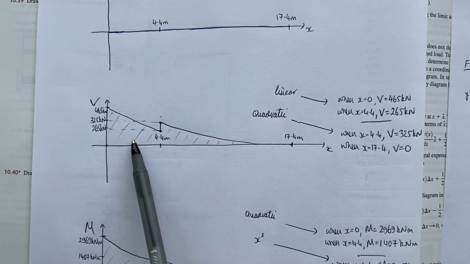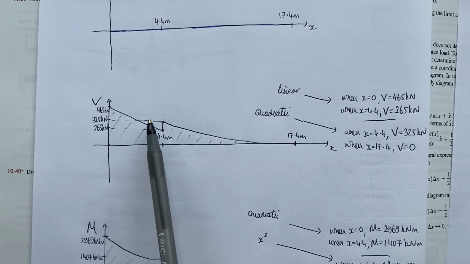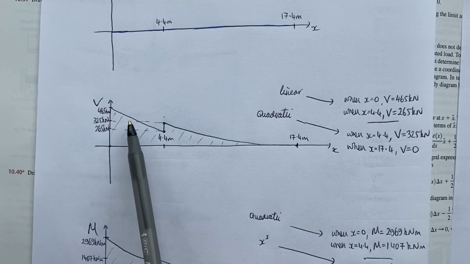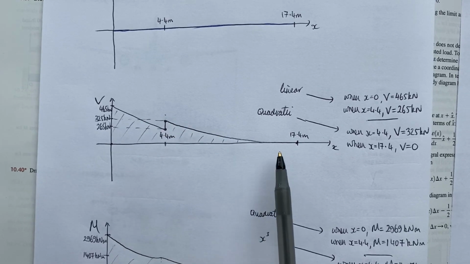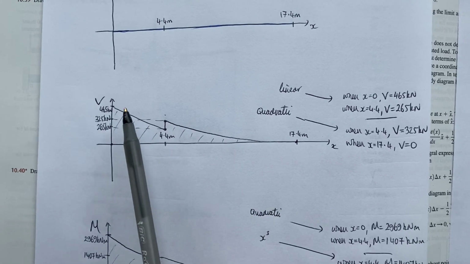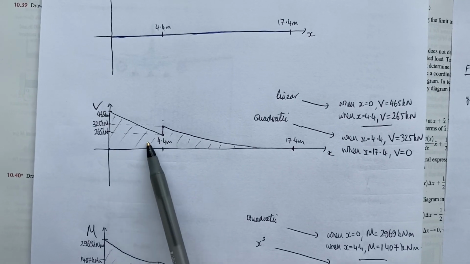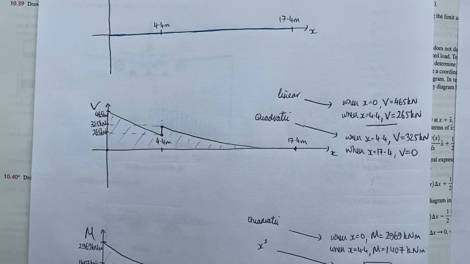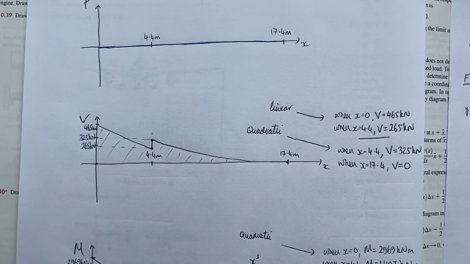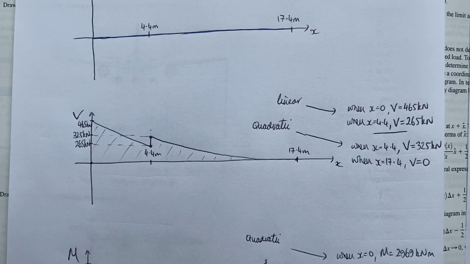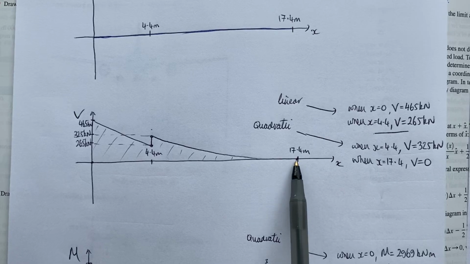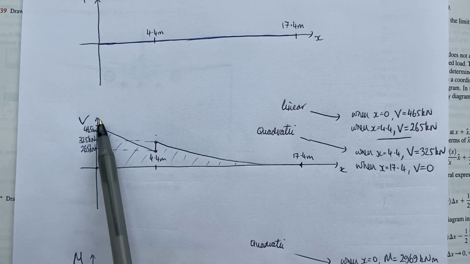Again, it doesn't need to be super accurate, you just need the key pieces of information on here, where the maxima is, and where it crosses the x-axis or y-axis, right? So that just shows how the shear force changes across the length of the wing, right? So see that there's no shear force at the wing tip, and shear force is maximum at the wing root.